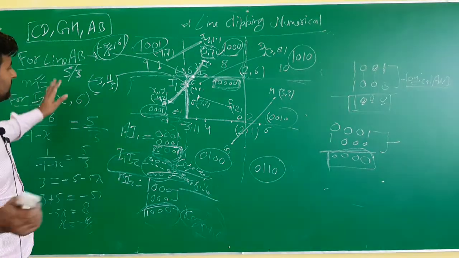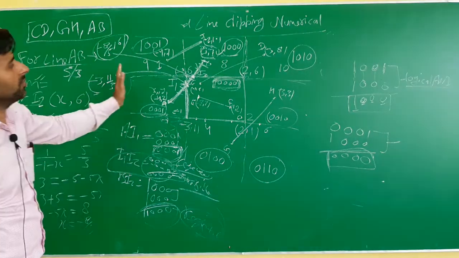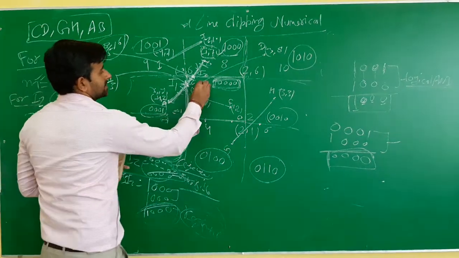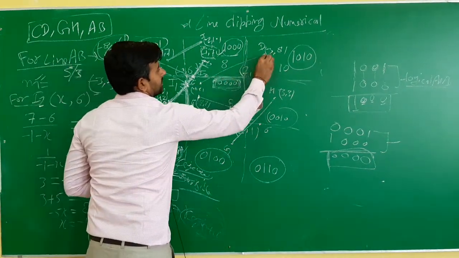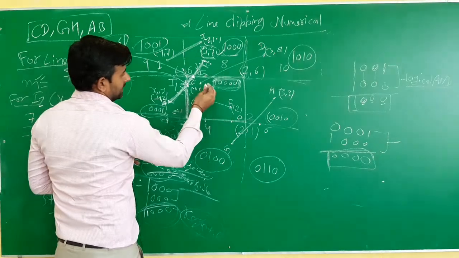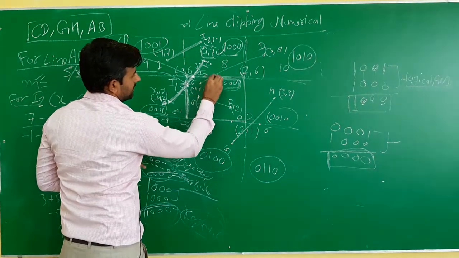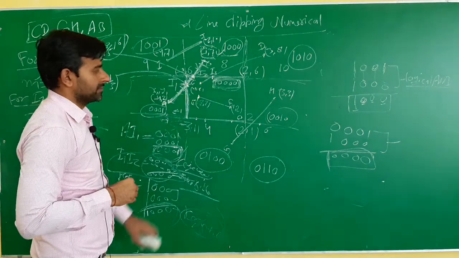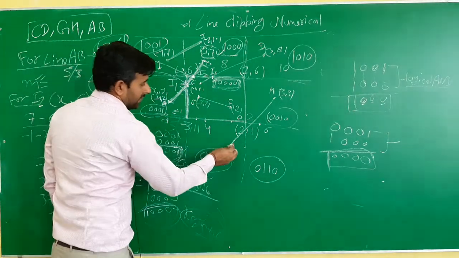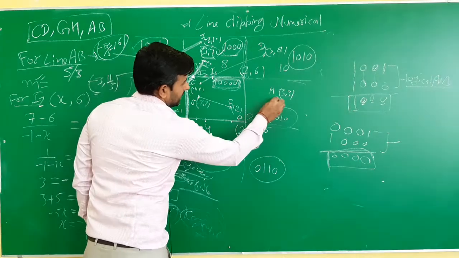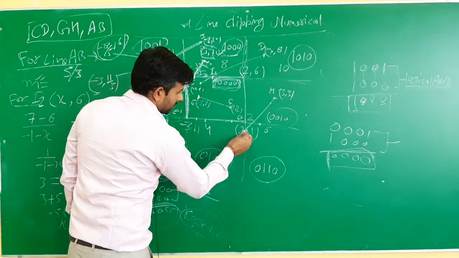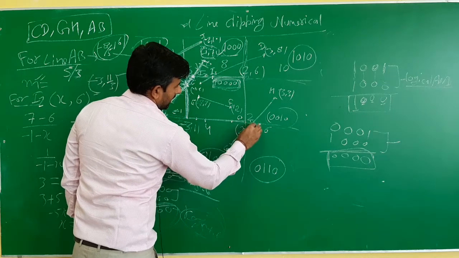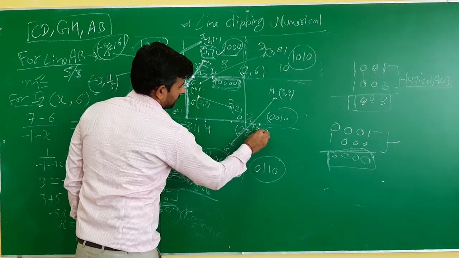We will follow this process for all the lines, as for line C and D. We will get one intersection point here, I3. Clear? When we process G and H, we will get two intersection points, I4 and I5.